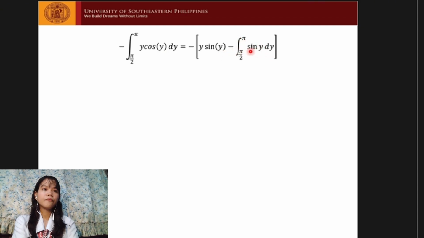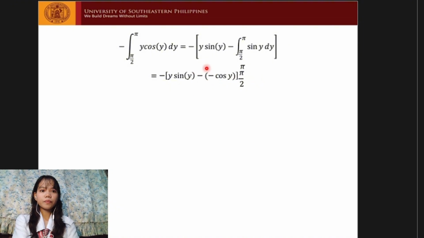The integral of sine y with respect to y ranging from pi over 2 to pi is negative cosine of y. So, let's look at this now. What we have right now is the negative of y sine of y minus the negative of cosine of y ranging from pi over 2 until pi.